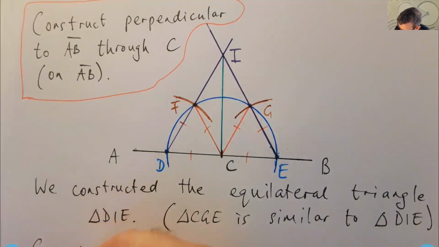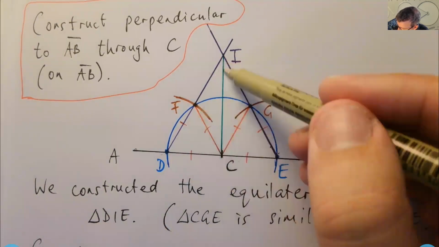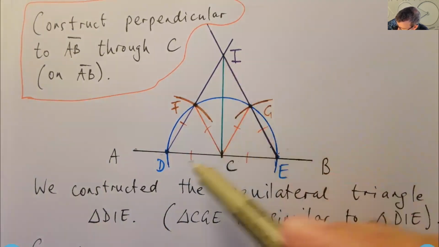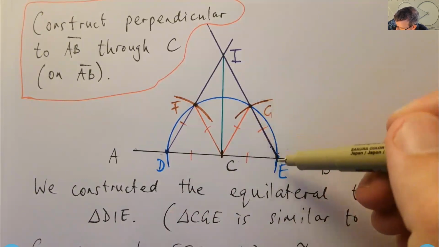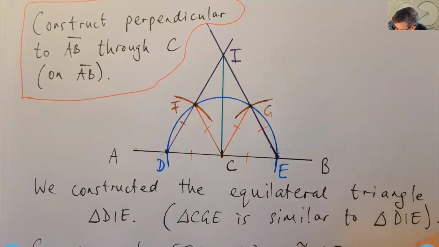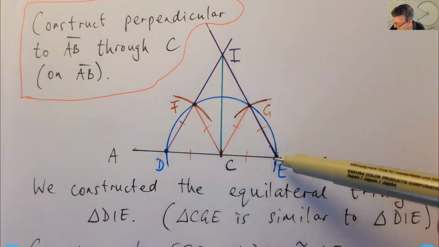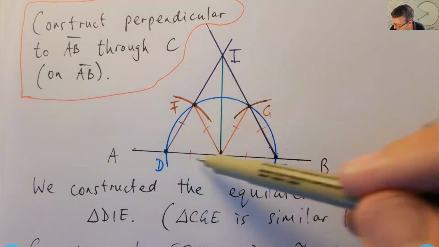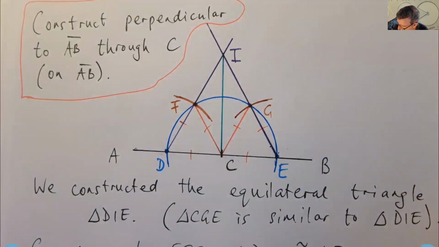So this triangle, this length is equal to this length, is shared, and this length is equal to this length. So by side-side-side, triangle DIC is congruent to triangle EIC. Okay, because this length is equal to this length, is shared, and this length is equal to this length because they're both radii. Okay, so what does that mean?